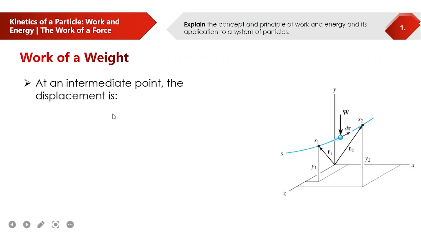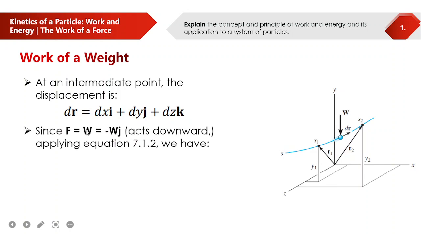What will happen here? So at an intermediate point, the displacement dr is equal to dx i plus dy j plus dz k. Diba? We are talking about vector quantity here. Now, since F is equal to W, the weight is the only force acting on our particle.